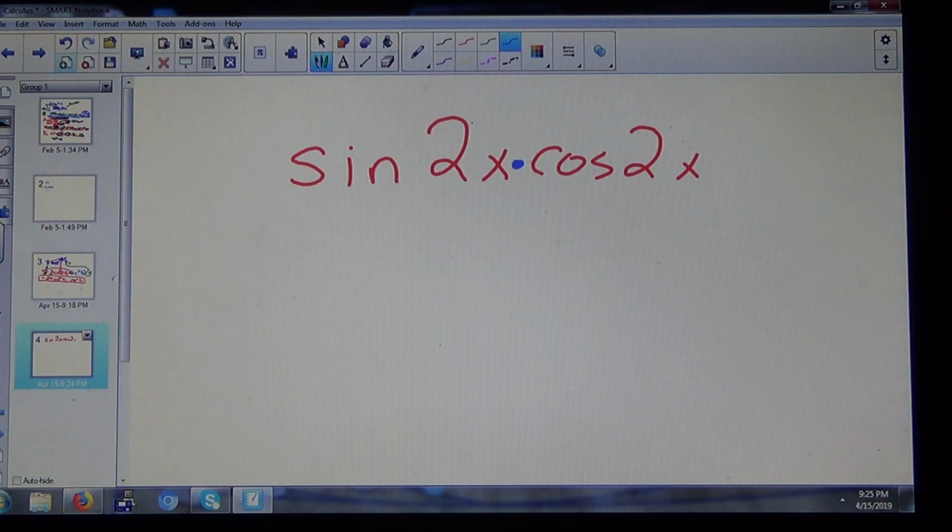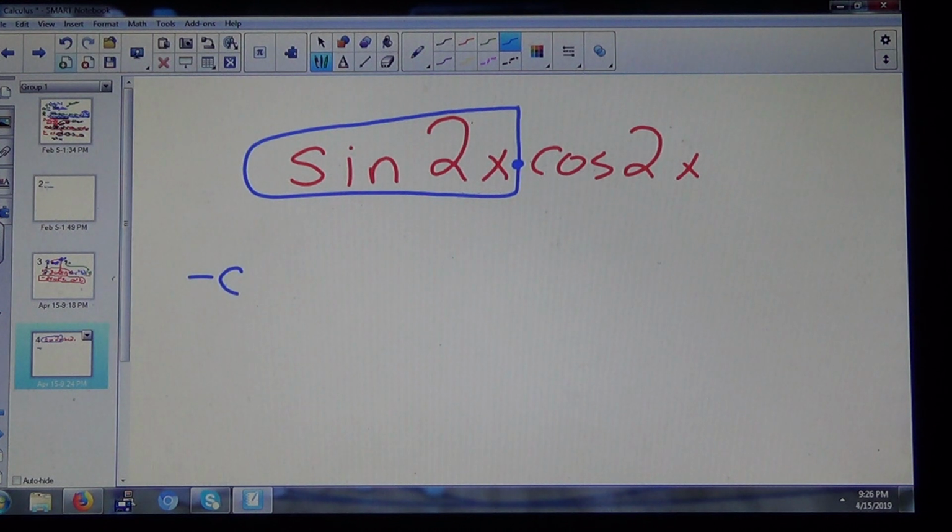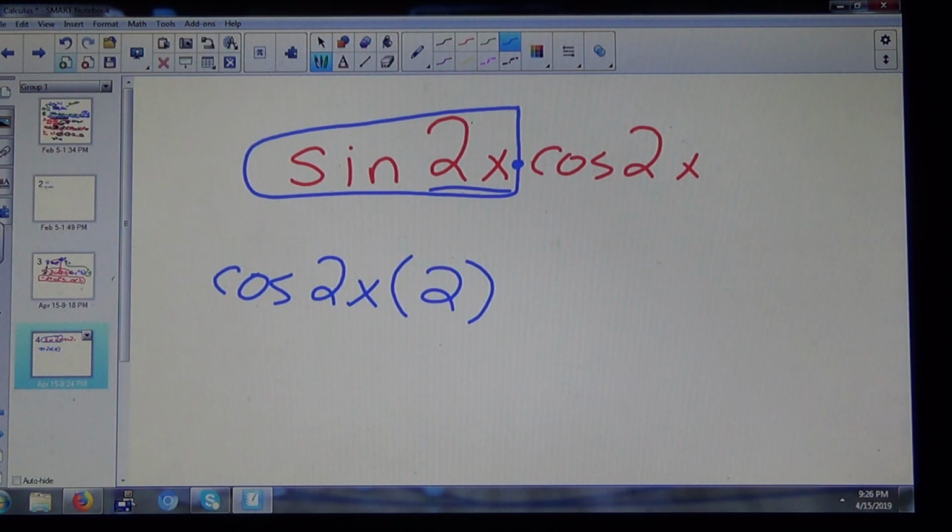Okay, and product rule says I take the derivative of the first, so this is the first part here. The derivative of sine is cosine. But we gotta also then do the derivative of the inside here, which would be 2.